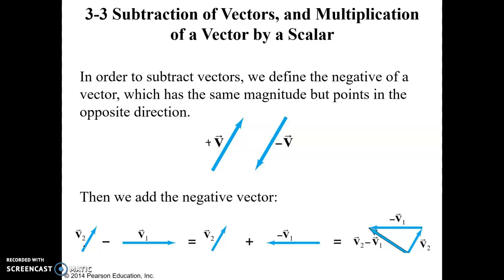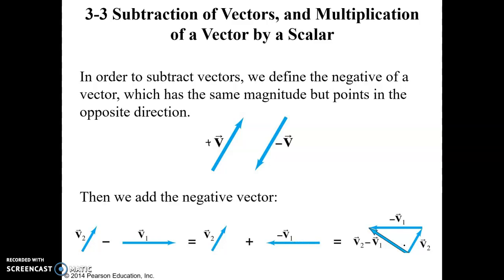We have V2 that's going up and to the right, and we want to subtract from it V1, which is going horizontally to the right. How do we do that? How do we subtract a vector? Well, we start with the same V2 vector, but then we add the negative of the vector. So instead of subtracting V1, we add negative V1. So we flip the direction. Now it's going to the left.